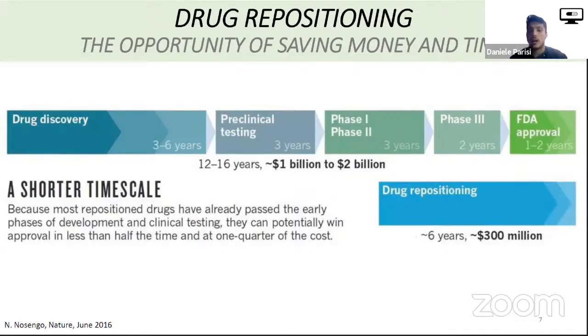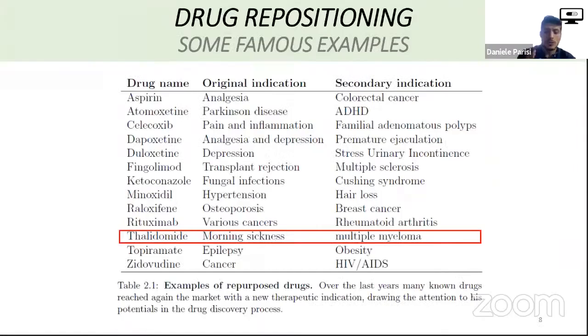The numbers here vary, but the data says that we can save up to half of the time and half of the money compared to the standard process of drug discovery, which can reach $2 billion US dollars and up to 20 years of studies.